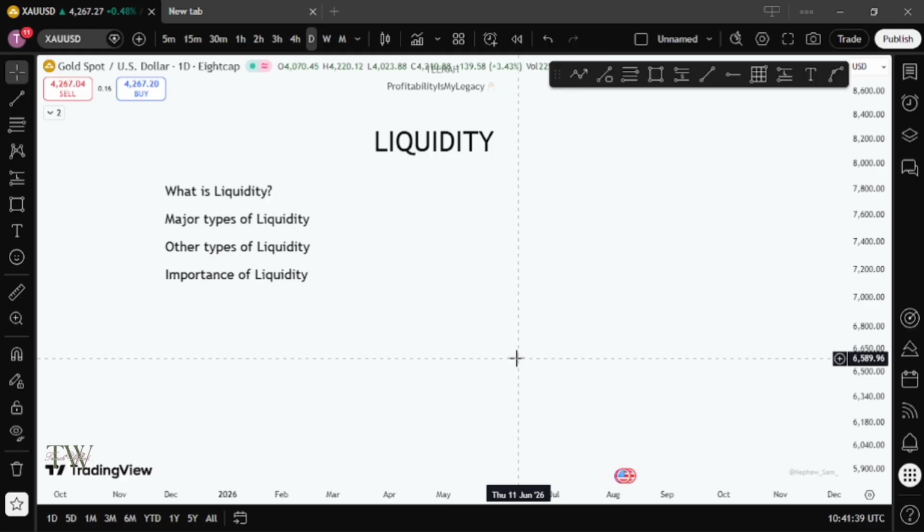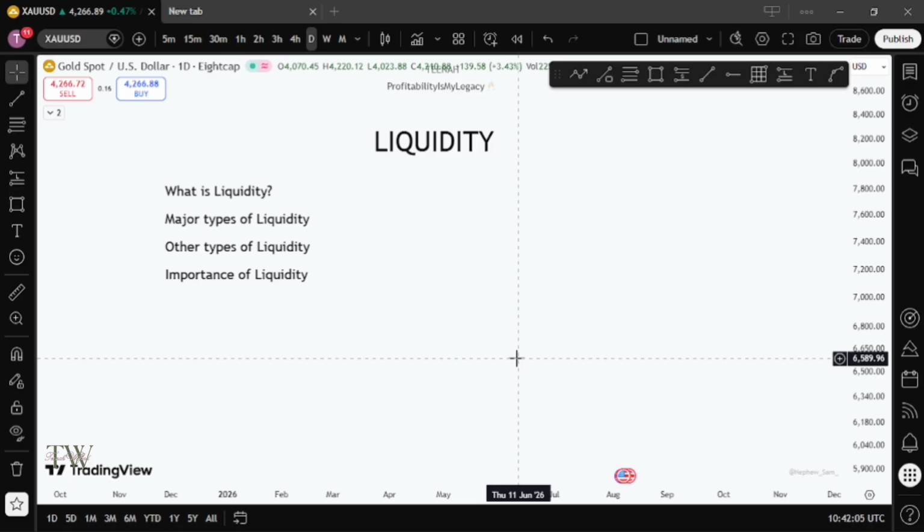Now we have the major types of liquidity. While there are several types of liquidity, we have three major types. The first major type is inducement liquidity. This is a very important type of liquidity; if you don't understand it, you are finished already, honestly, because you will likely never know where to place your trade or how to even place your trade.